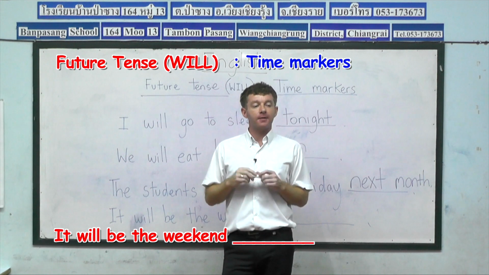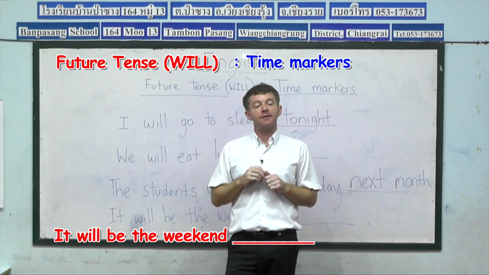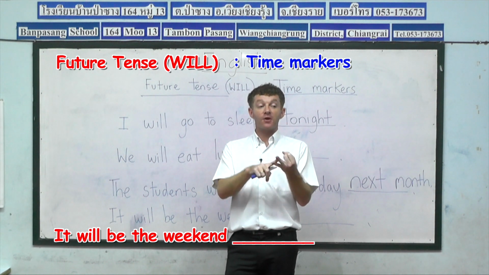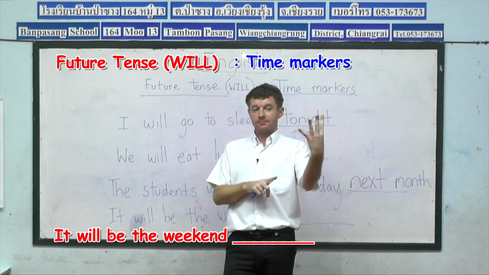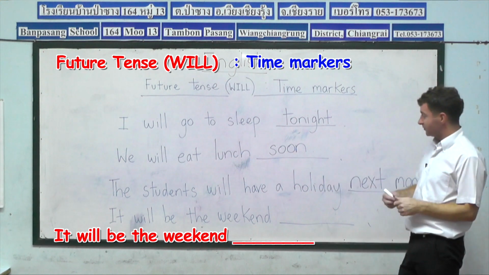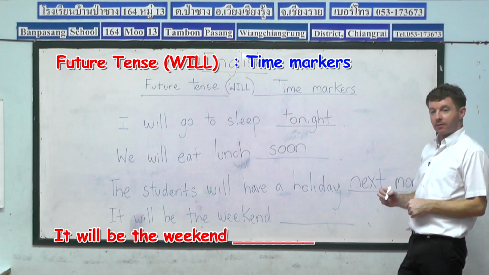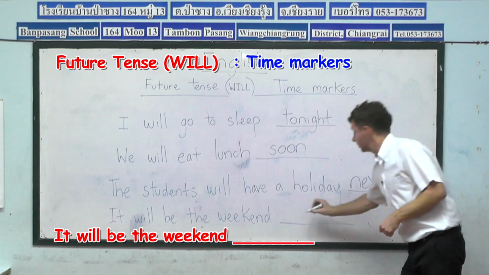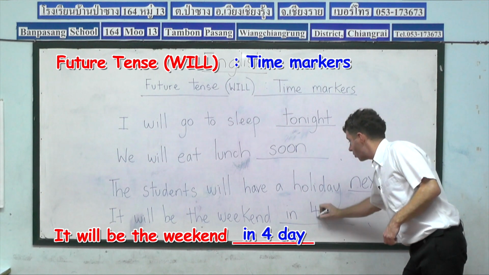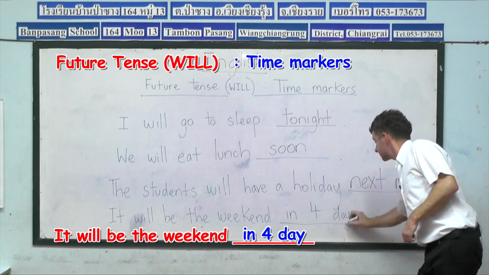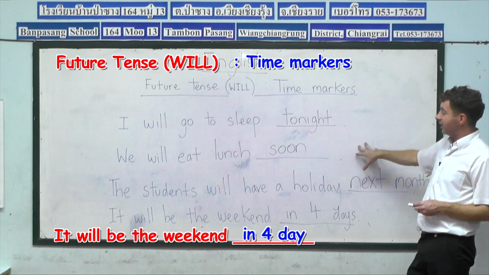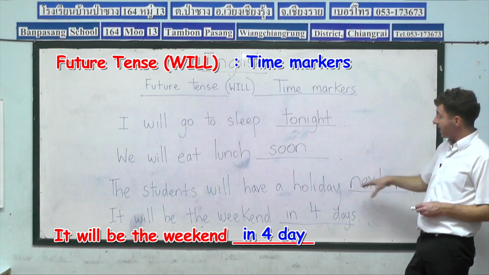Saturday and Sunday. So in how many days will it be the weekend? Wednesday, Thursday, Friday, Saturday, in 4 days. So when we're using days, we can say, it will be the weekend in 4 days.